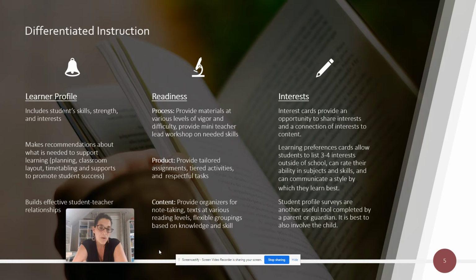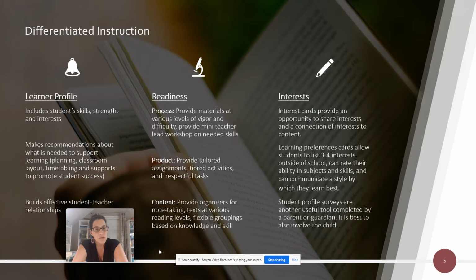And so we could conduct some mini workshops to target those skills that are needed to help prime the student for advanced learning. Product would be tailoring assignments and creating tiered activities, but most importantly, that they're respectful tasks based on what a student would be able to do.